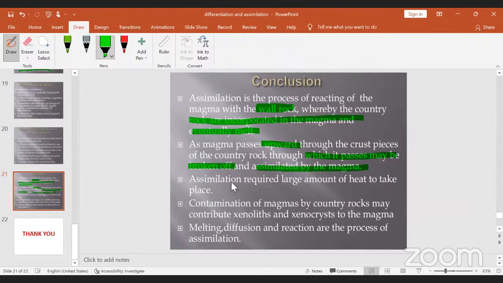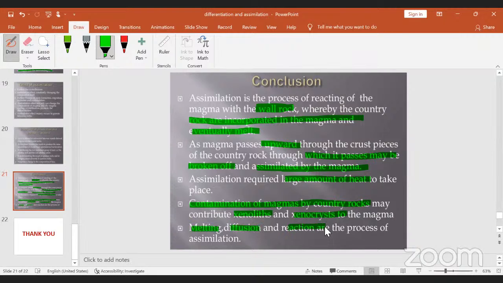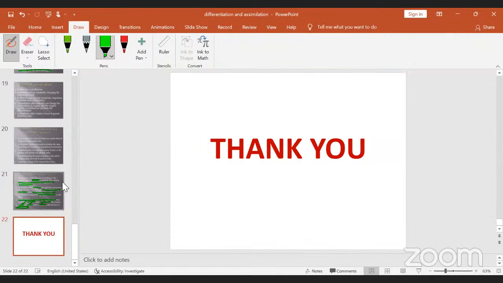Assimilation requires a large amount of heat to take place. Contamination of magma by country rock may contribute xenoliths and xenocrysts to the magma. And melting, diffusion and reaction are the processes of assimilation. You remember this: melting, diffusion, reaction, right? These are important in assimilation.